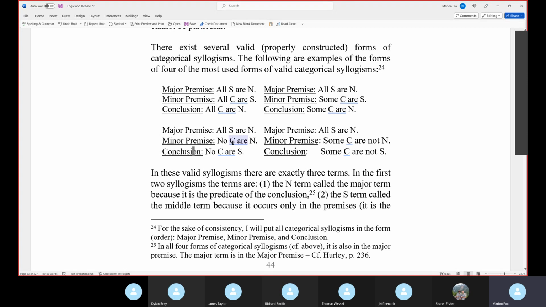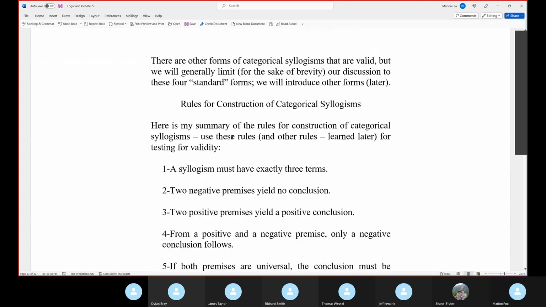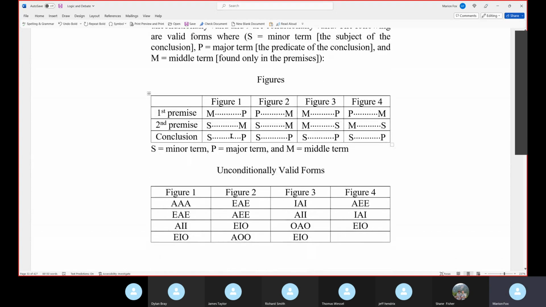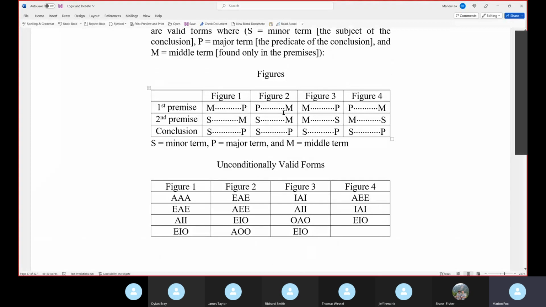Now let's see, that was figure 2, wasn't it? Go back and look at it. Yes, it's figure 2. Figure 2 is AEE and AOO. Those are legitimate forms. Okay, they're valid. So we got this form and this form, and we have here and here. Those are the 4 that we started with, those 4 forms. Okay. Any question?